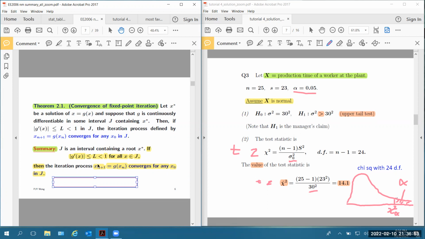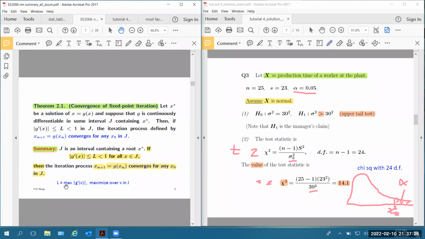How do we get this L? Because you must get this L, otherwise how do you know whether it is less than 1 or not, right? Unless you find the L. And this L is actually the maximum of |g'(x)|, maximized over x in J. That's the meaning of this. You see, |g'(x)| less than or equal to L. So meaning that your L is like the maximum, right? Maximized over all the x in J. So this is our L.